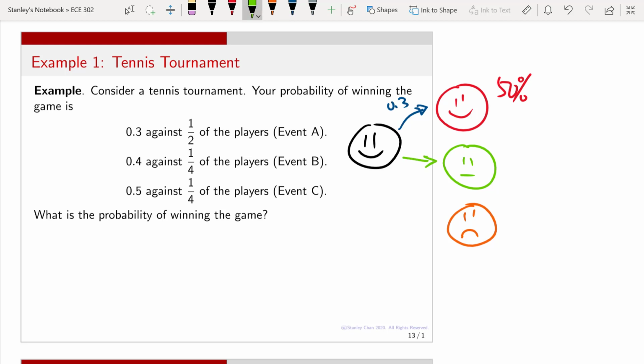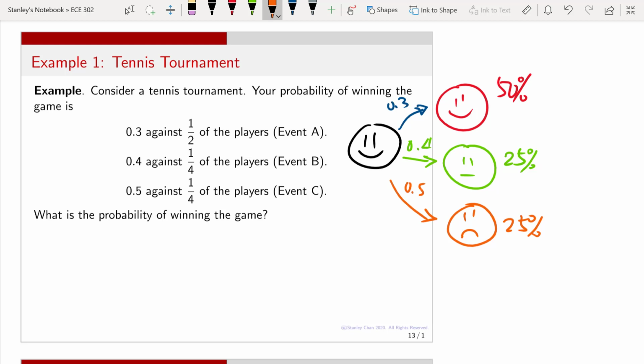If you play against this type of players, there are 25% of players that belong to this category. Your chance of winning is 0.4. And then there are another 25% players in category C. And if you play against these people, you have 0.5 chance of winning.